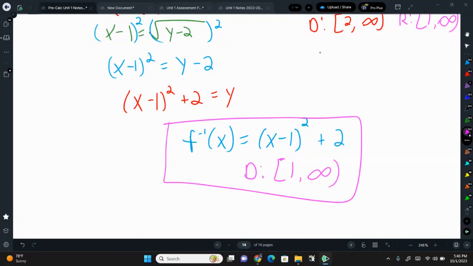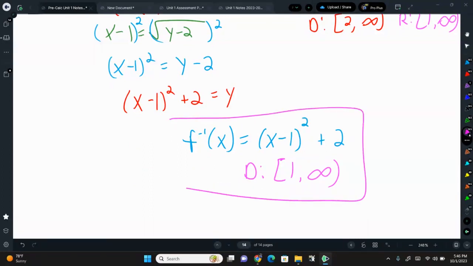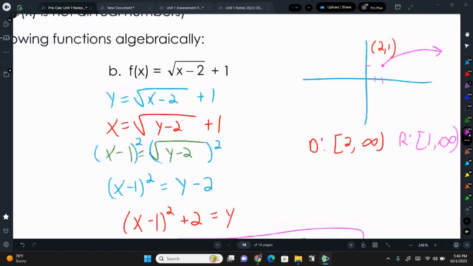So this would be our answer because we have to restrict the domain since the range was not negative infinity comma infinity. So that's going to be probably one of the more difficult things, is to remember when you're talking about the domain of our inverses, we have to look at the range of the original.